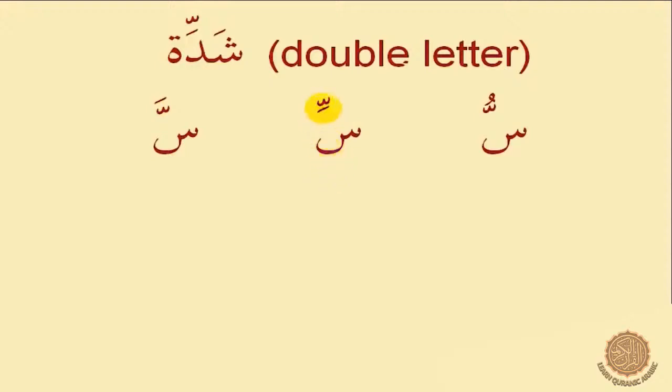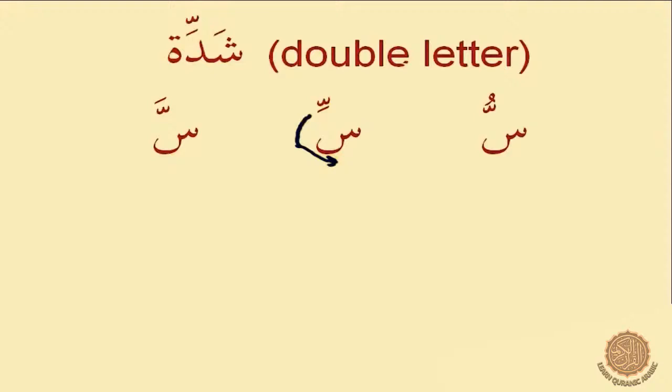So the actual kasra can go down here as well. But the shadda stays there. The shadda will never be on the bottom. Another point is the shadda can go on any letter, except for the hamza or the alif. So any other letter can accept a shadda.